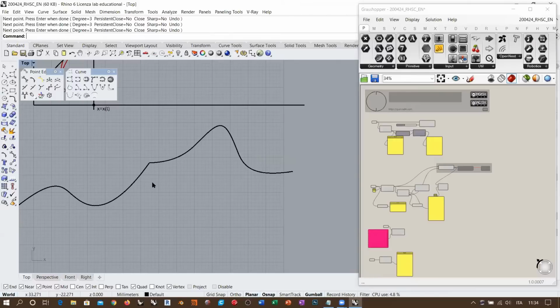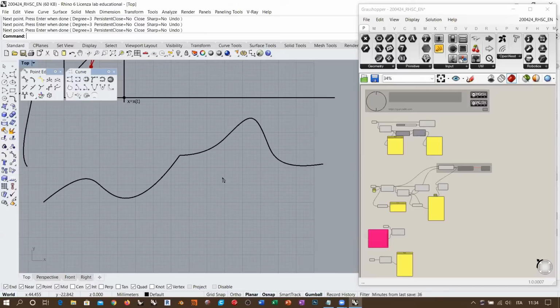Now we must understand the meaning of continuity in a NURBS geometry tool like Rhino. The common, intuitive definition of continuity for geometry says that two lines are continuous if you can draw them without disconnecting the tip of your pencil from the paper.